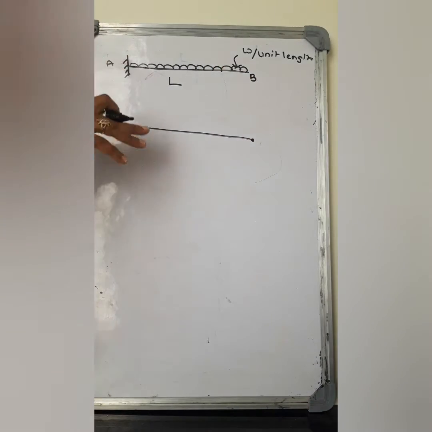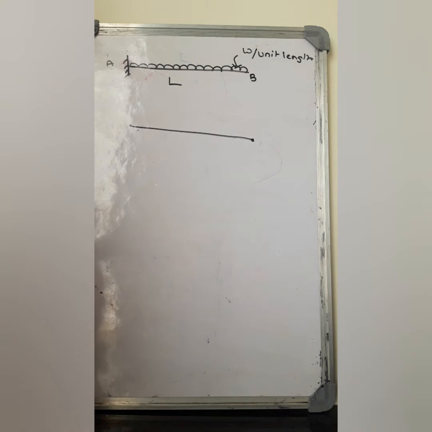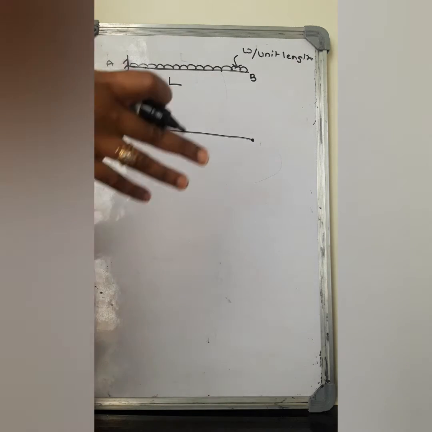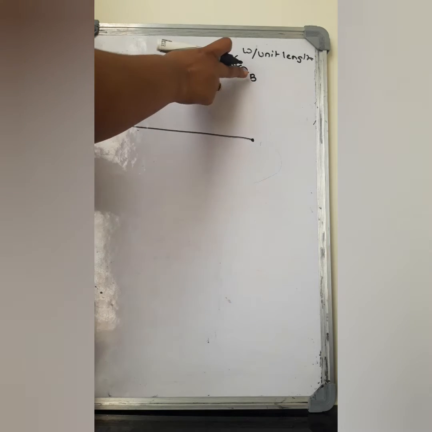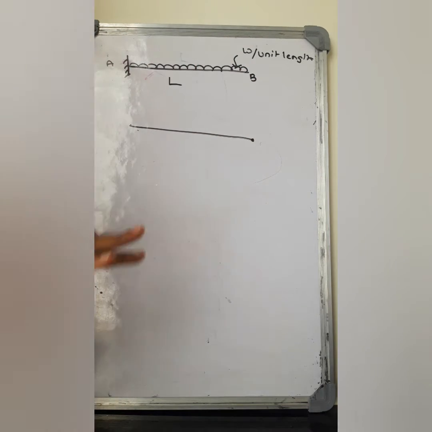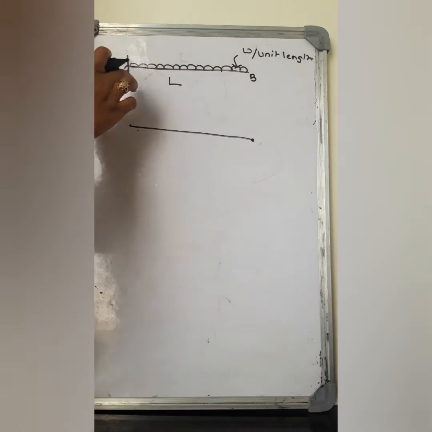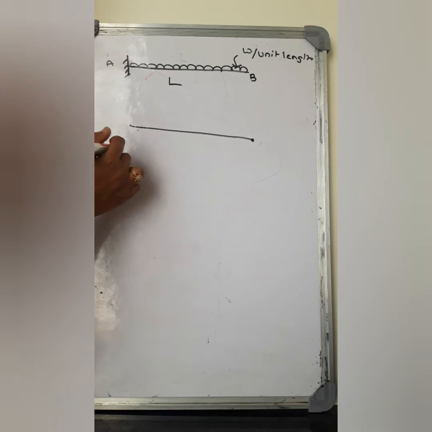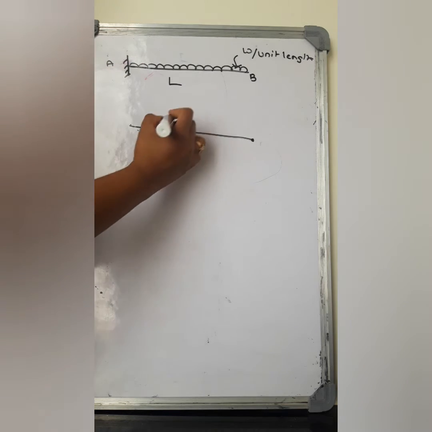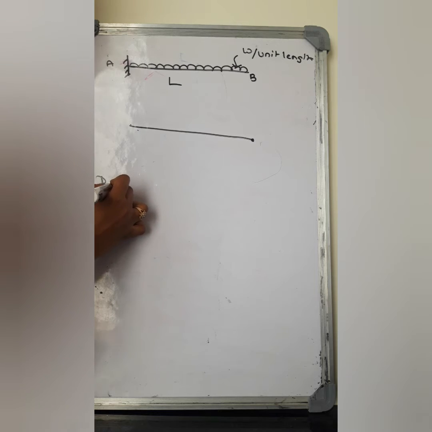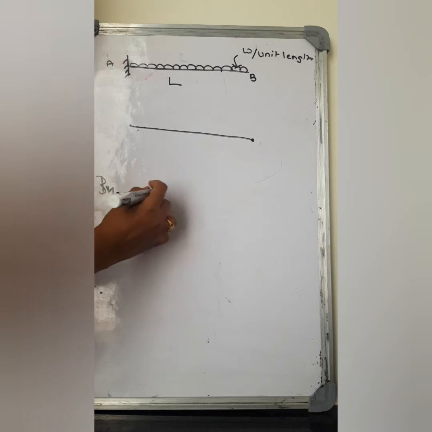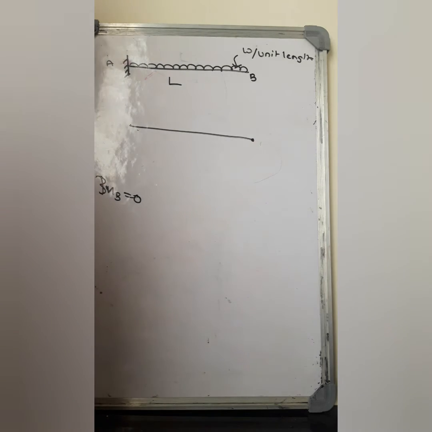Now, as you remember, to calculate the bending moment drawing, you calculate at the starting of UDL and at the ending of UDL. So at the ending of UDL, the bending moment at B is equal to 0 because I am taking the right portion.